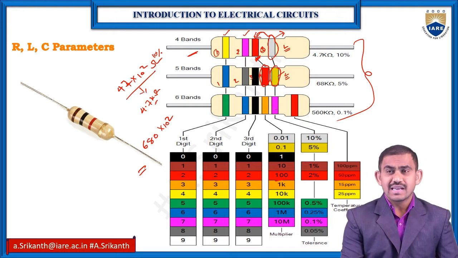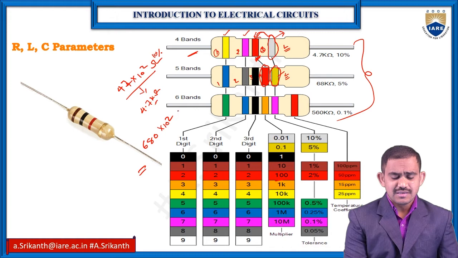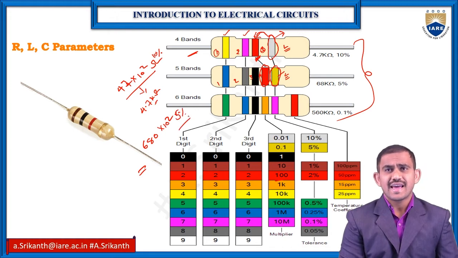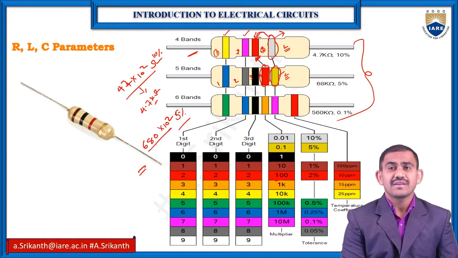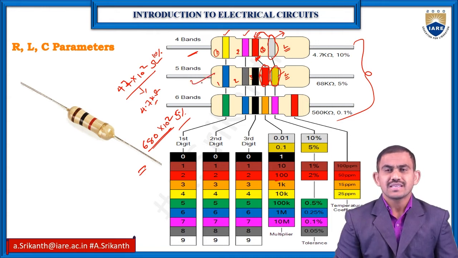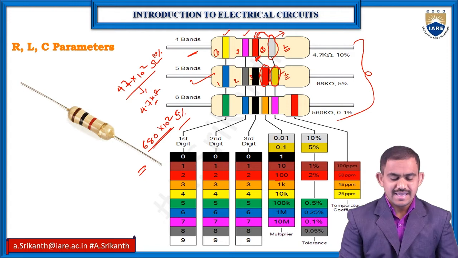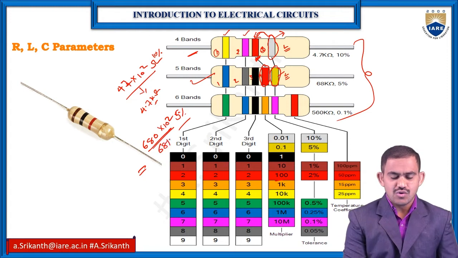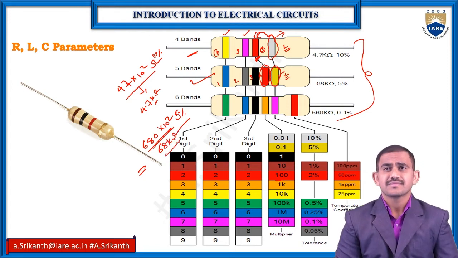And gold color means the tolerance, that is 5% tolerance. So the value of this 5 band resistor is 68 kilo ohms. That's it.